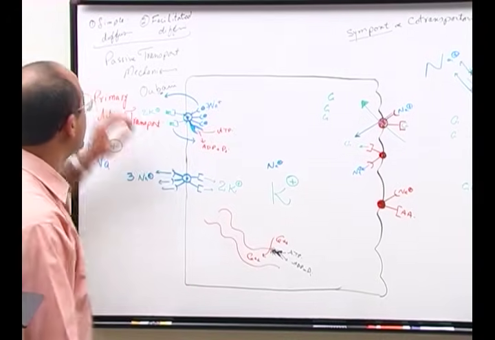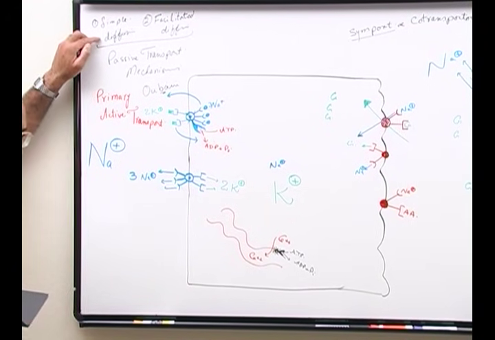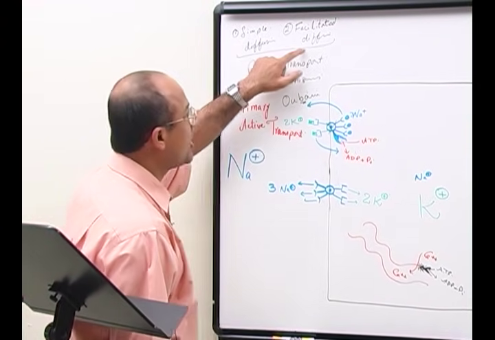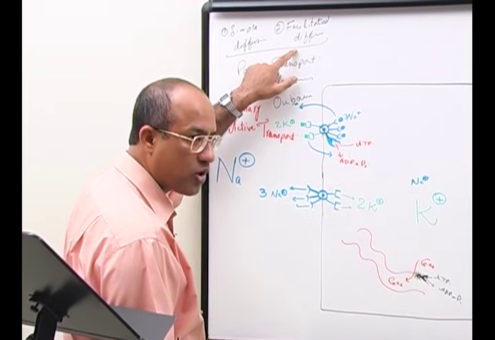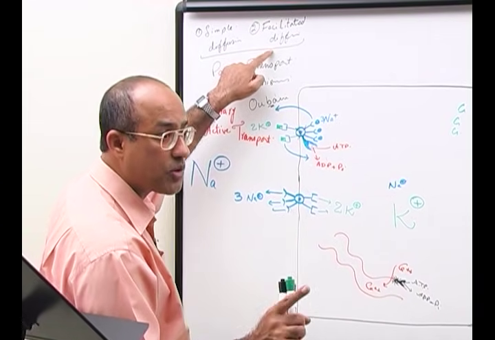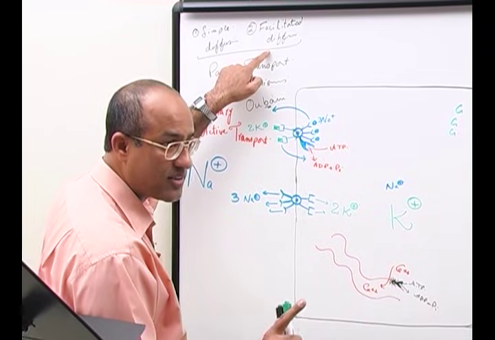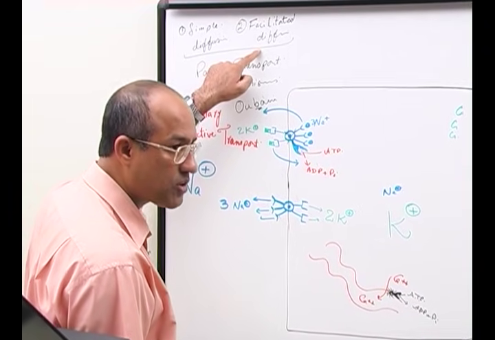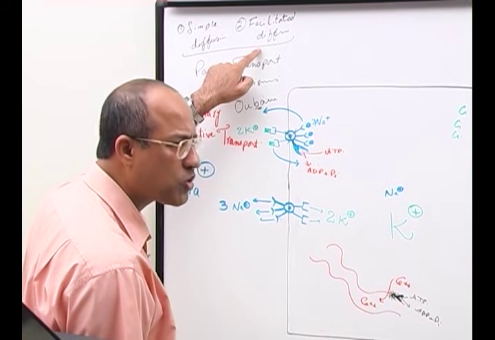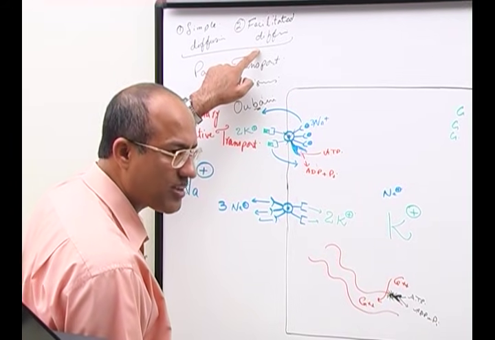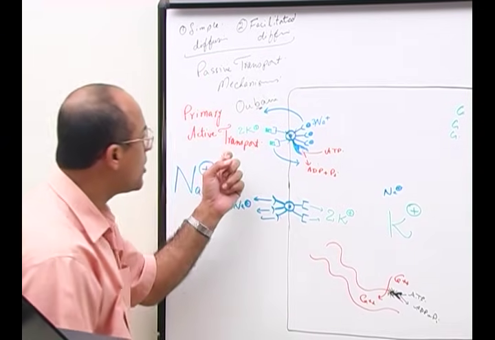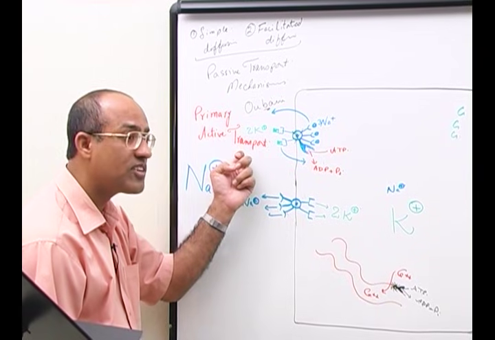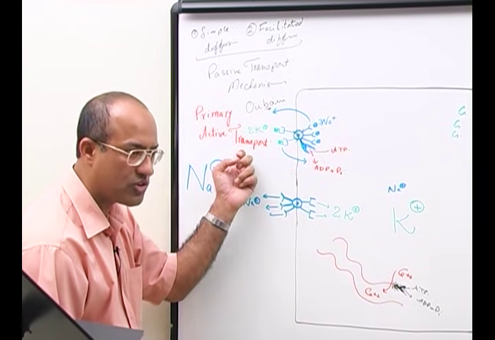Are you clear what is simple diffusion? Simple diffusion does not utilize any proteins. Facilitated diffusion is from high concentration to low concentration, with utilization of special protein, but no energy utilized. In facilitated diffusion, there were carrier proteins, transporters, or channels. Glucose transporters were there and ion channels were there. Then we were talking about primary active transporters, where energy is utilized in moving substances or molecules against the concentration gradient.